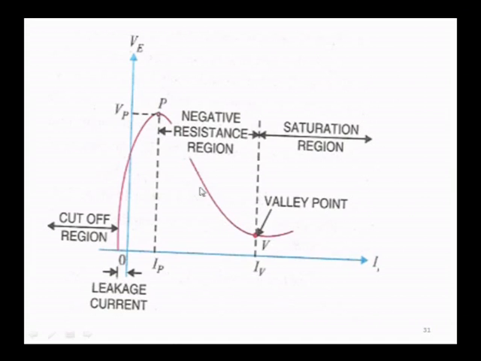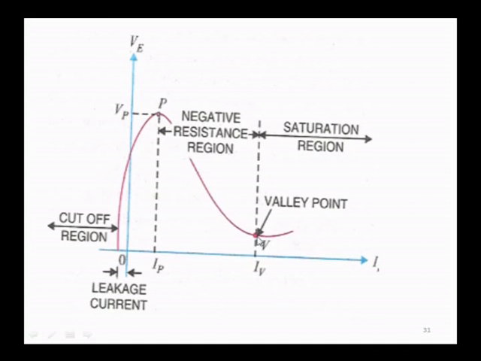This is a negative resistance region, meaning the resistance reduces and current increases. You can see the increase in current, this is the current axis, and this is the voltage axis. Now, the current is increasing and the voltage is decreasing. A point is reached where it stops here, there is a valley point.